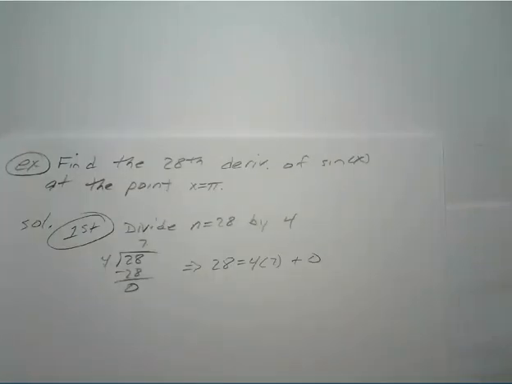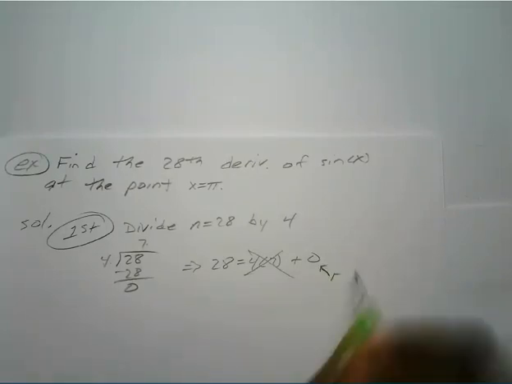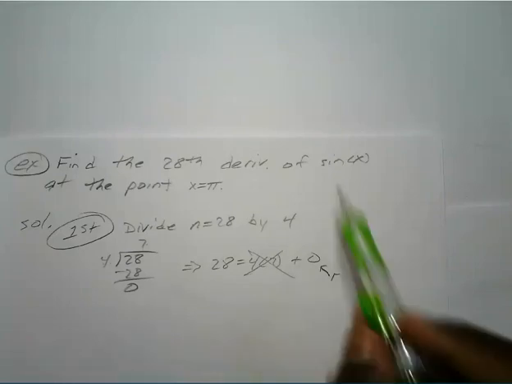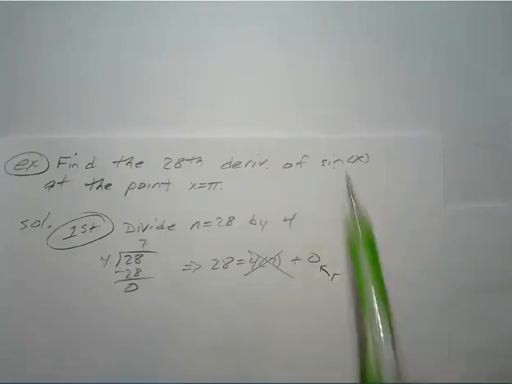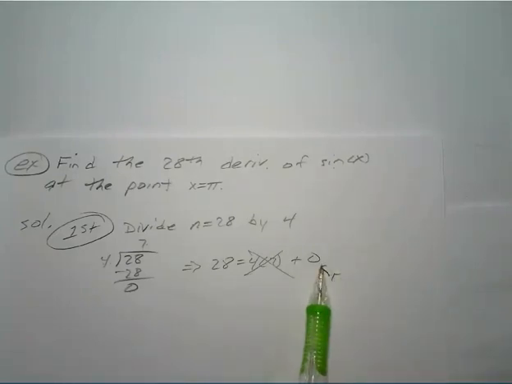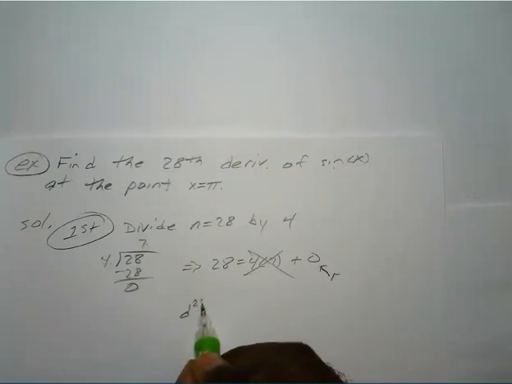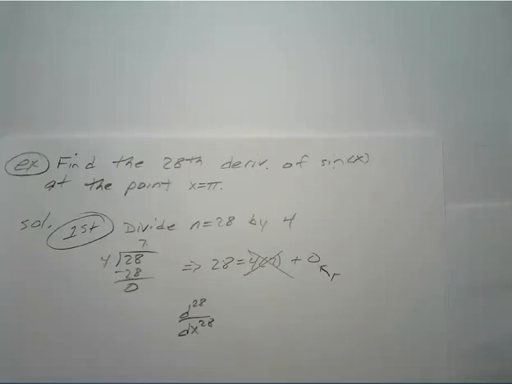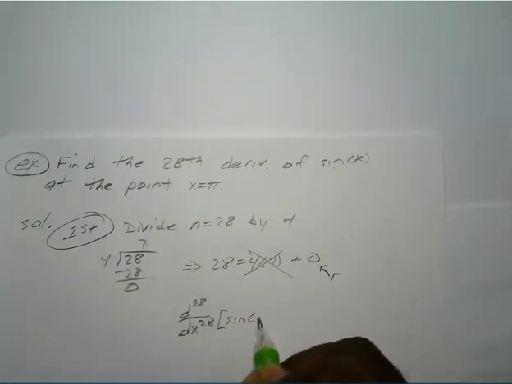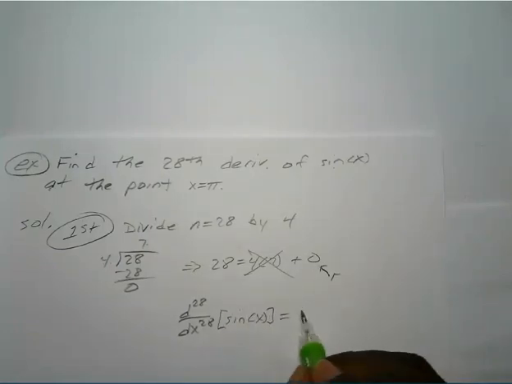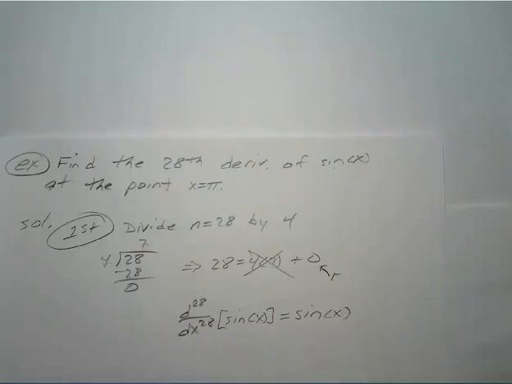Remember I told you we were going to skip that second step? We can cross that right out and just worry about your remainder. If you started with sine of x, you're going to end with sine of x because your remainder is 0. So you don't have to do any additional deriving. So that means the 28th derivative of sine of x is equal to sine of x.